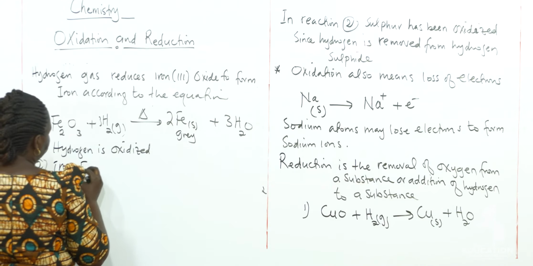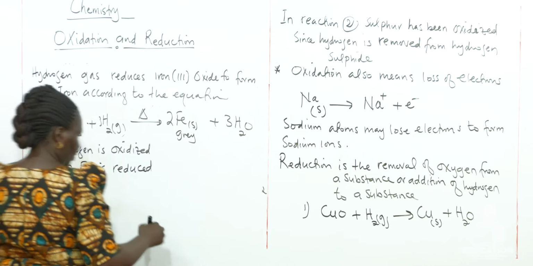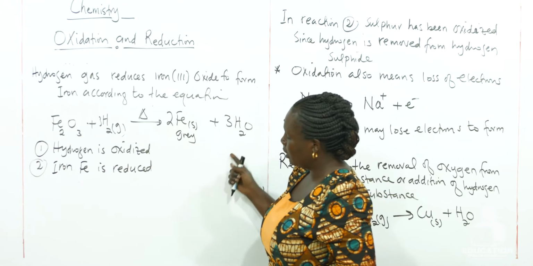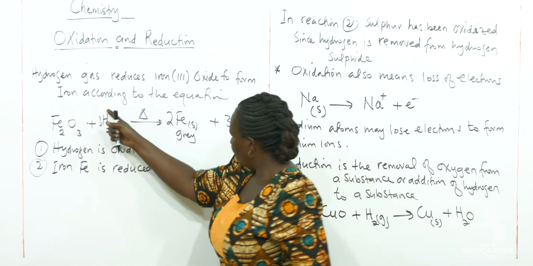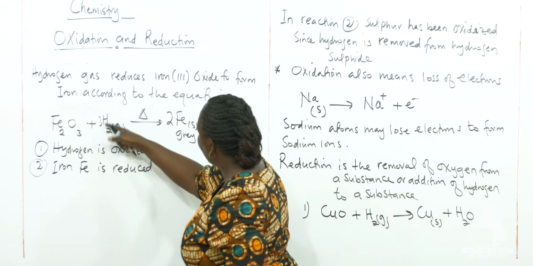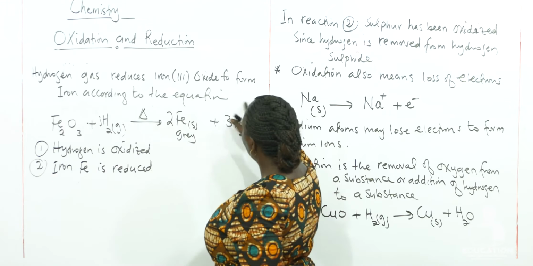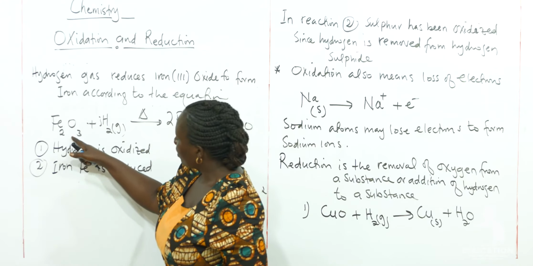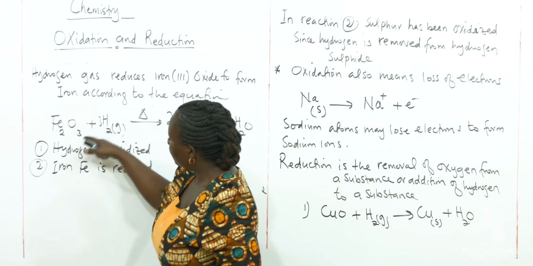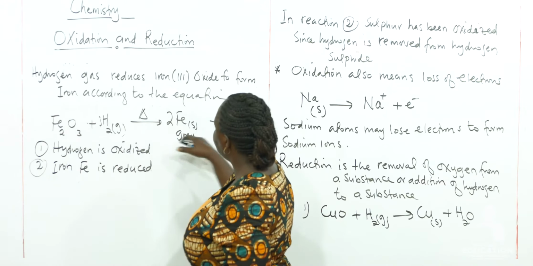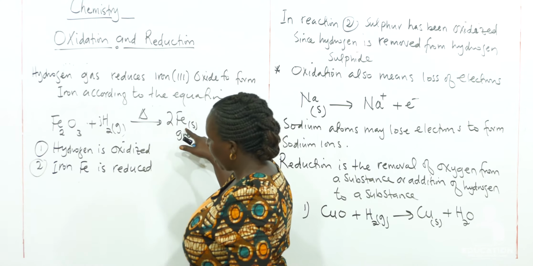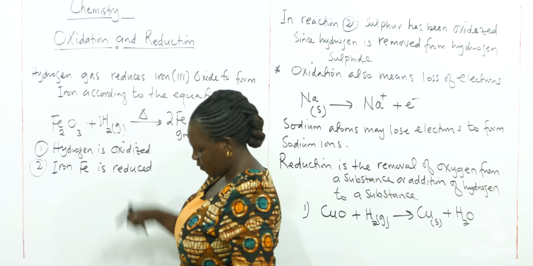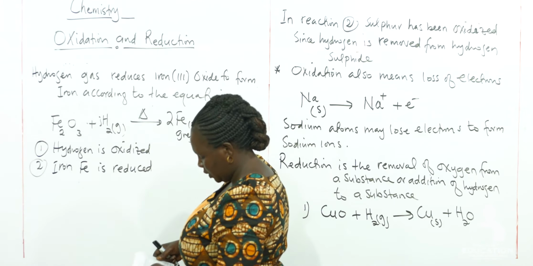Therefore, oxidation and reduction have taken place in the following reaction. Hydrogen is oxidized because of the addition of oxygen, giving us water, and iron 3 oxide loses oxygen and gives us the product, metallic iron. So hydrogen is oxidized and iron is reduced because of the removal of oxygen.